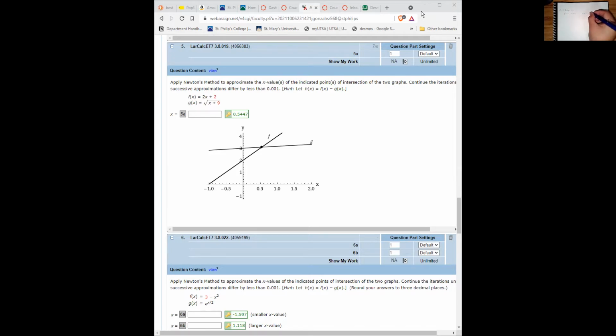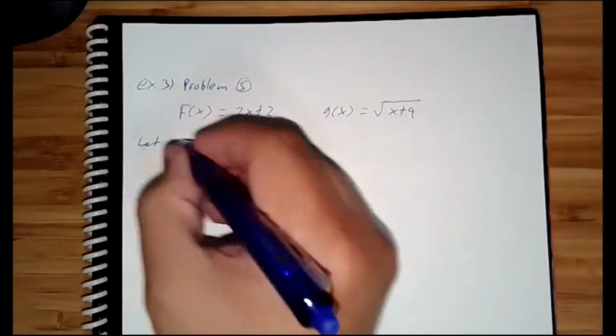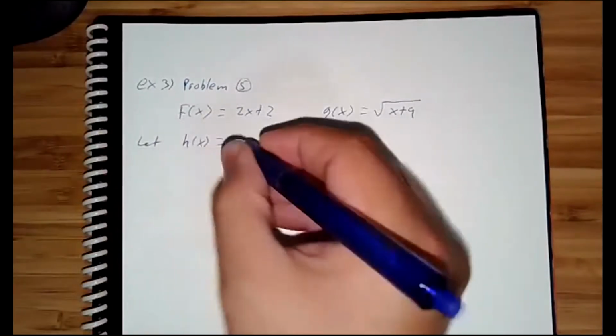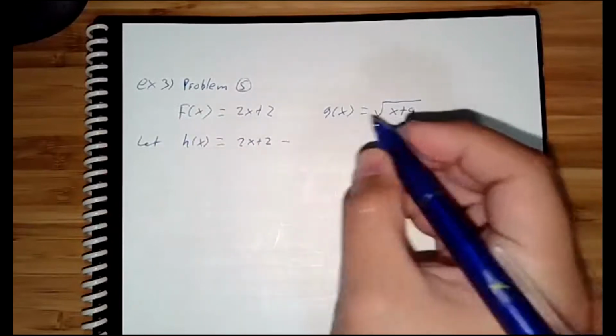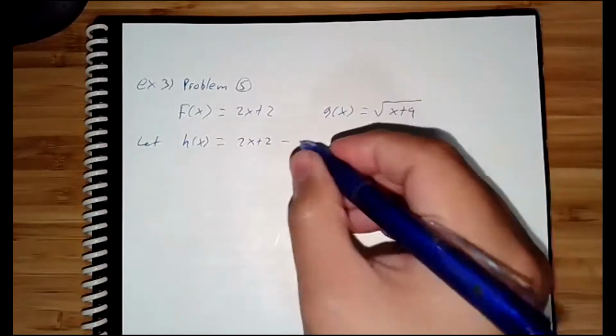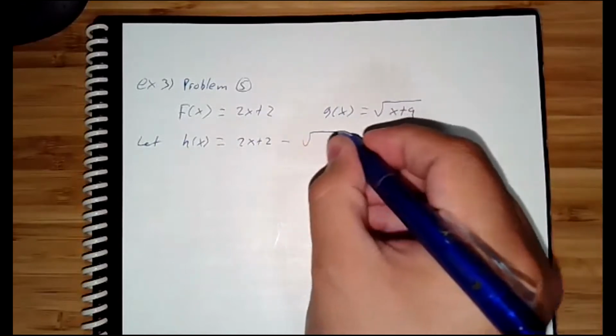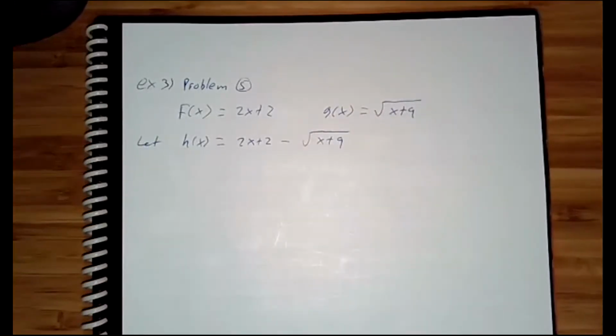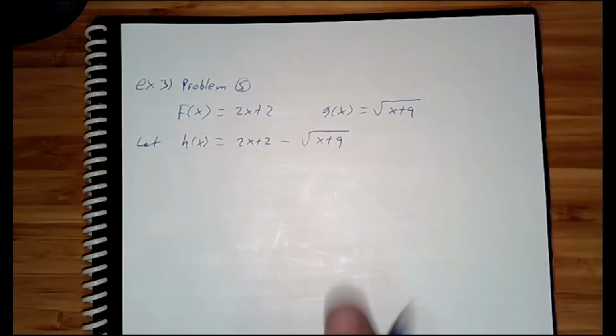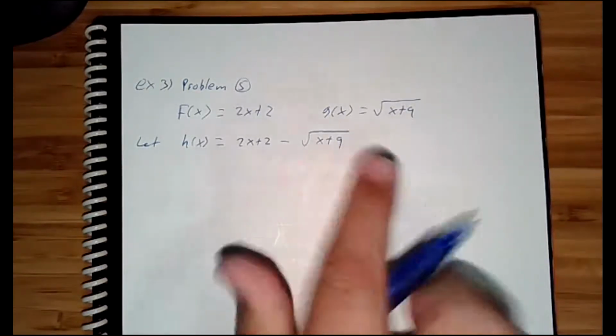So in order to approximate the intersection, we say let h of x equal 2x plus 2 minus square root. So we'll just find the zero of this guy.